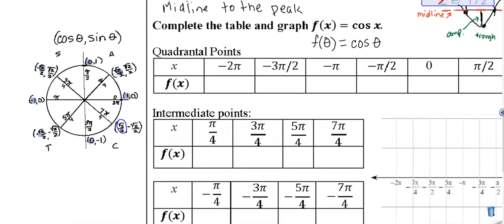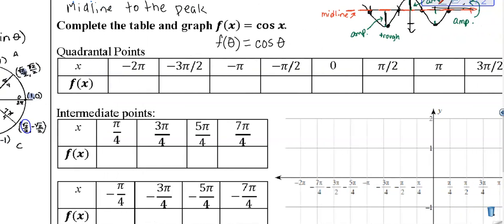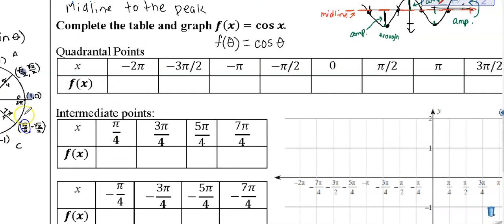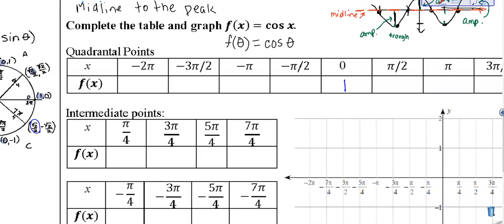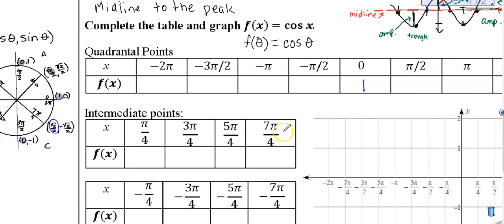You good? So let's start at 0 radians. Okay? So at 0 radians, what's your cosine of 0? 1. Right? Because you just look at your coordinate for 0. All right. How about at pi over 2? Pi over 2 radians, the cosine of pi over 2 is 0.